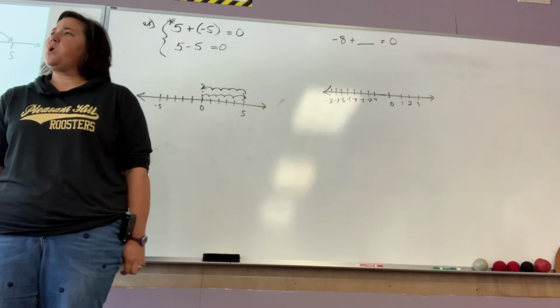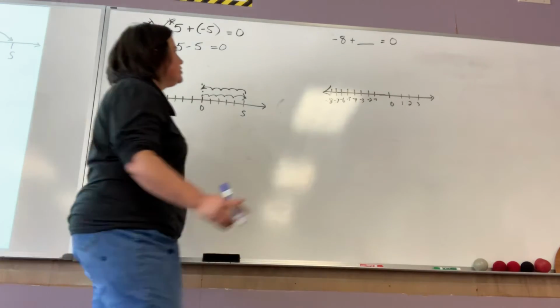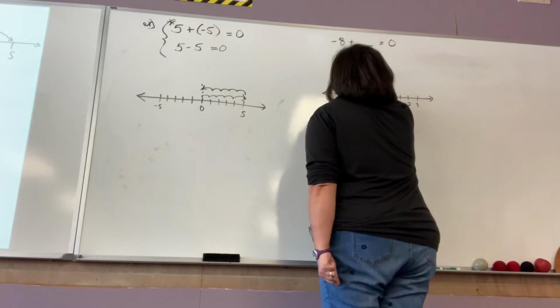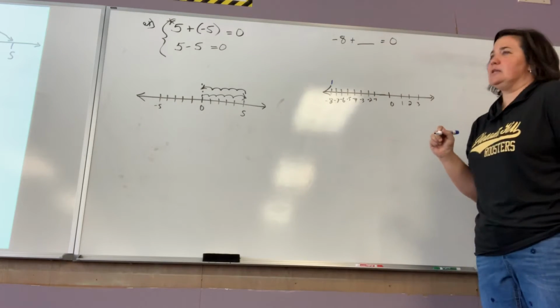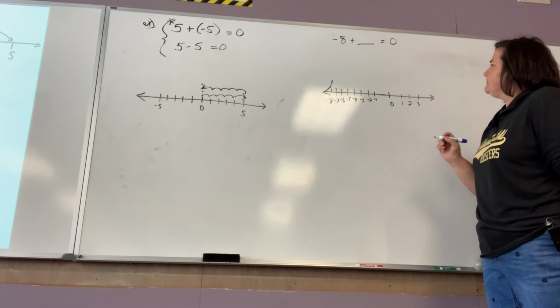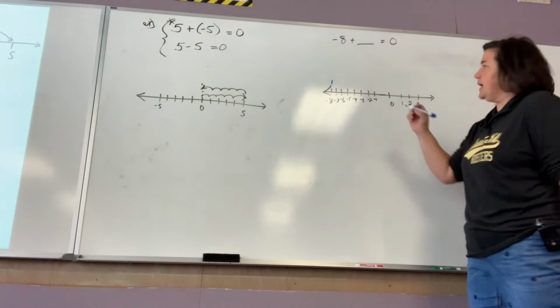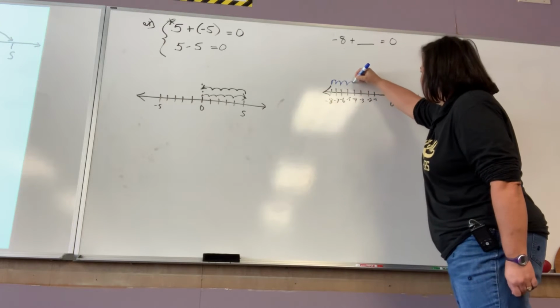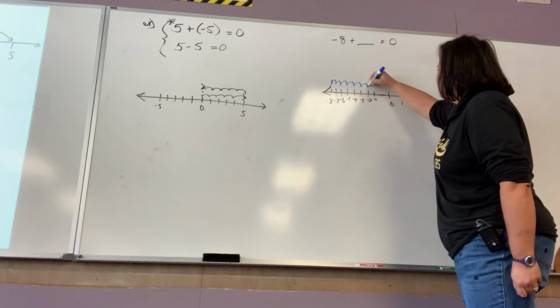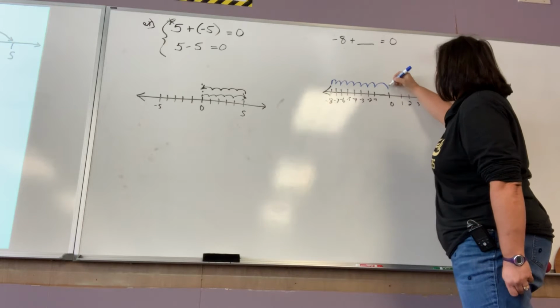I started at -8. Okay, so you started at -8. To get to 0, I went to the right 8 places. Okay, so I'm going to do that here: 1, 2, 3, 4, 5, 6, 7, 8.